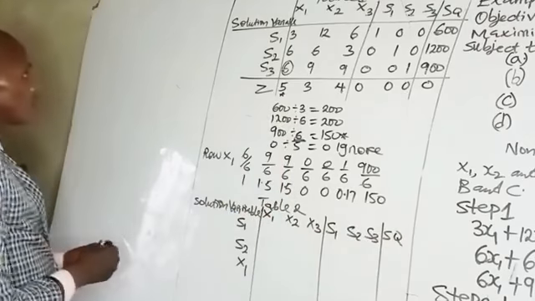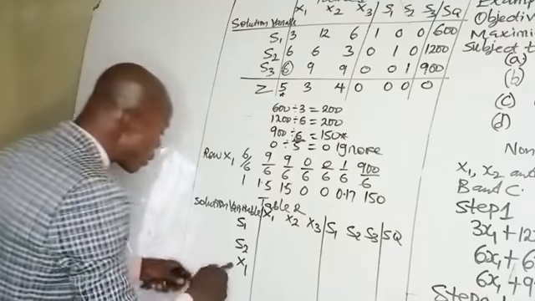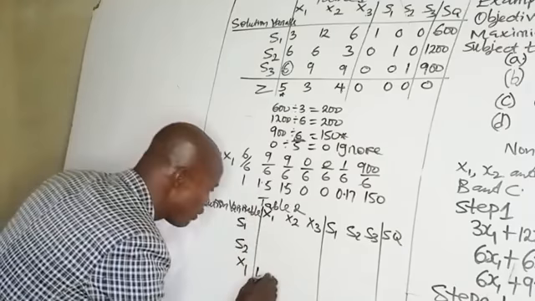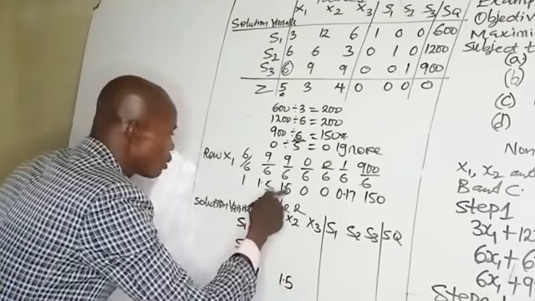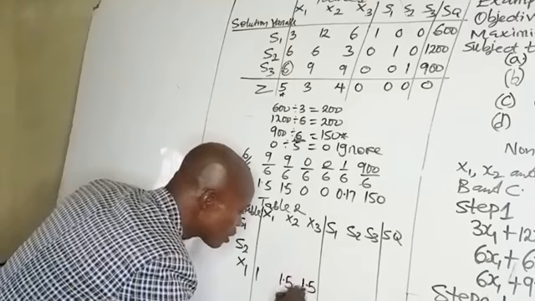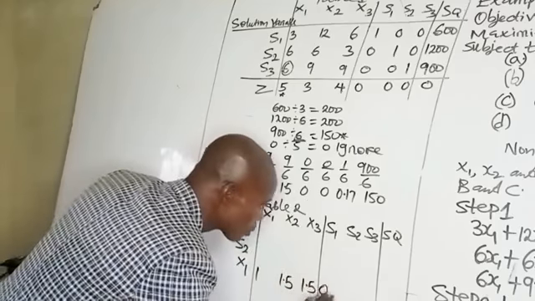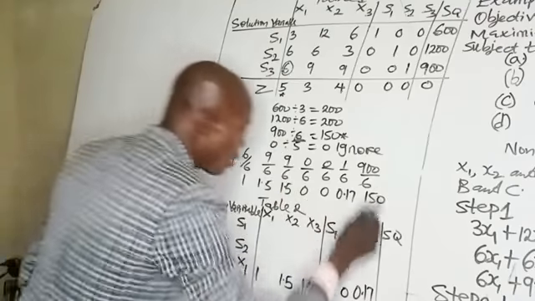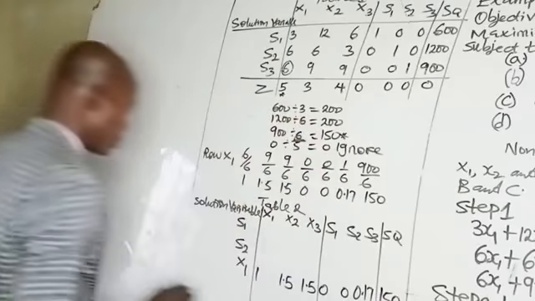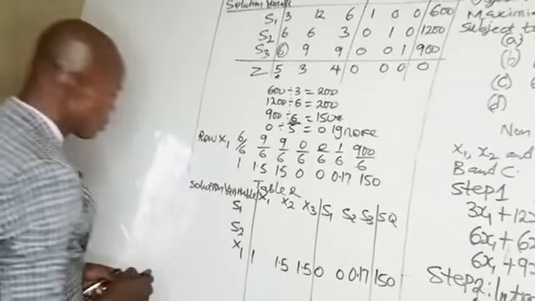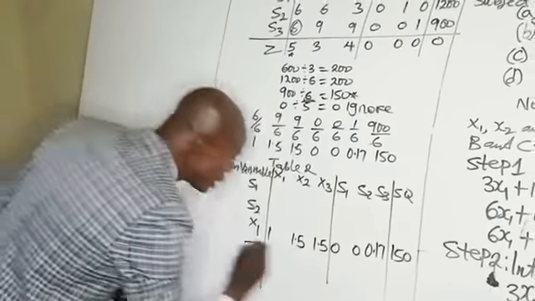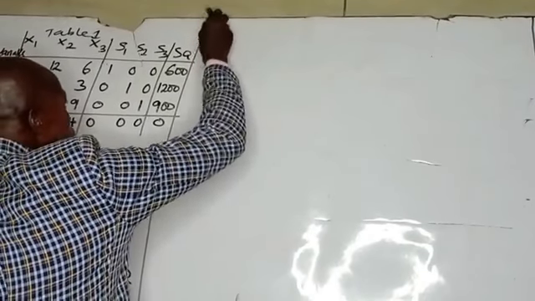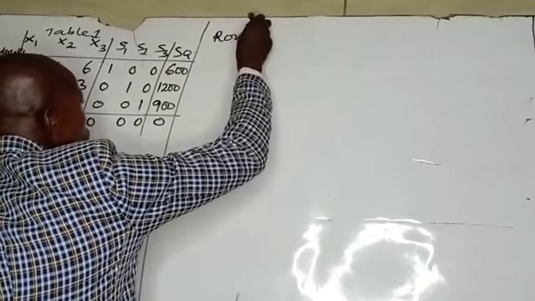Then the values of our row x1 are 1, 1.5, 1.5, 0, 0, 0.17, and 150. Now, we also have the objective function row Z, and the new row S1.